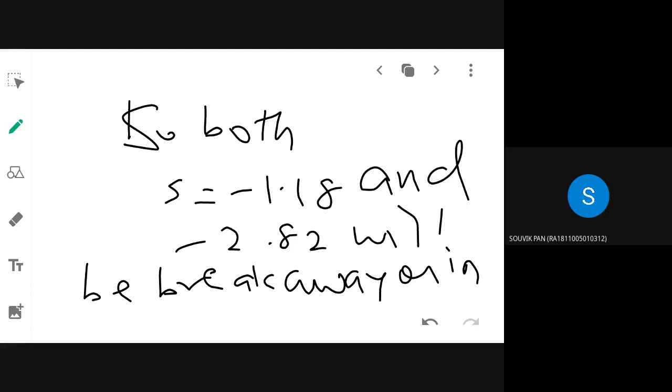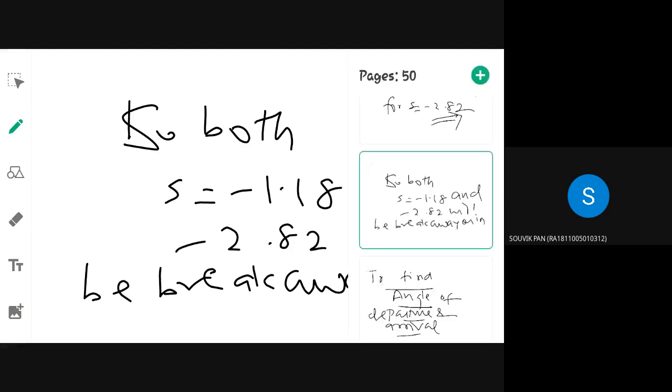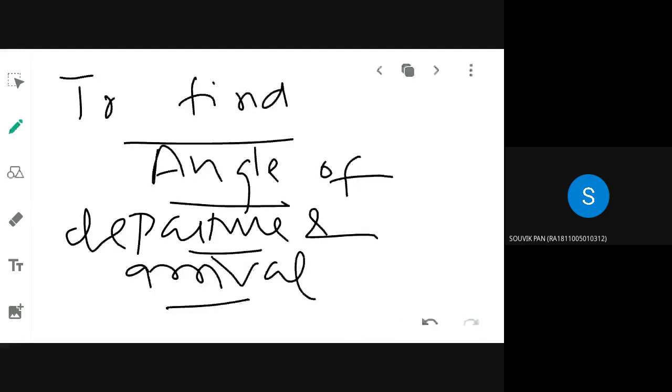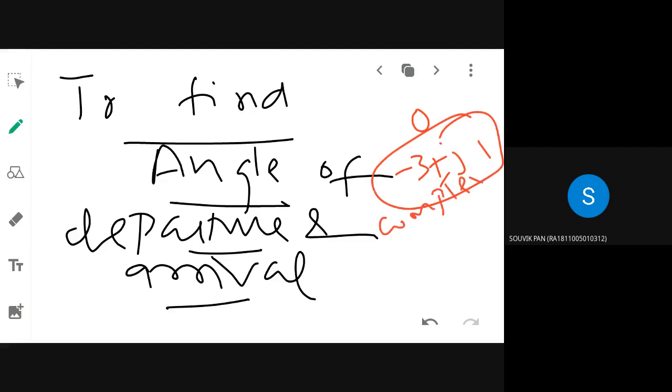So does this problem have a complex pole and complex zero or not? You have just located the poles. So what is the nature of the poles that you are having? One is at 0. What are the other two poles? Minus 3 plus or minus j1. So these are complex poles. If complex poles are there in the system, you will be having angle of departure or angle of arrival.